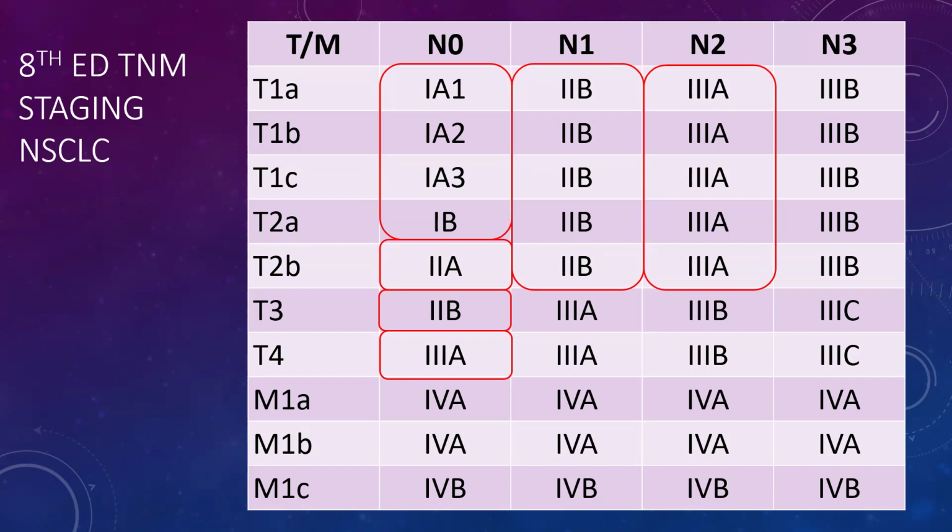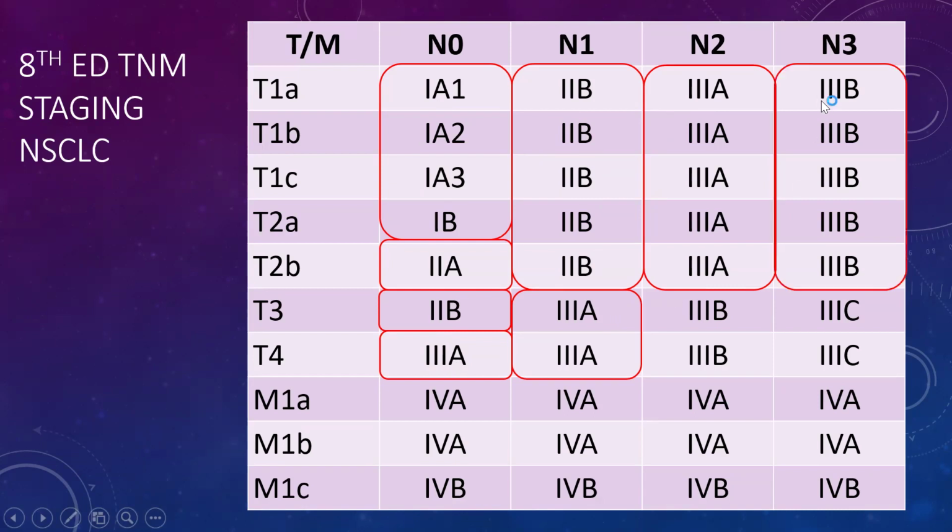Inoperable structures, that will fall under 3A as well. Or if you have a T3 or T4 tumor, involvement of your important or critical structures with an N1 involvement, those will also fall under 3A. No? So you can see the pattern. So you have 2B here, 2B here, 3A here, here, and here.